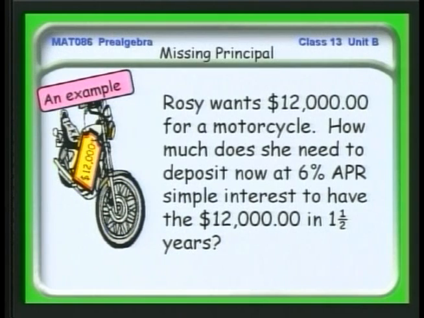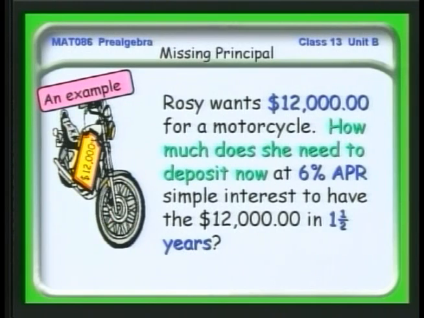Rosie wants $12,000 for a motorcycle, but she doesn't have it, so she'll deposit a lesser amount of money to get the $12,000. How much does she need to deposit at 6% APR at simple interest to have the $12,000 in a year and a half? Now that's planning ahead if you ask me.